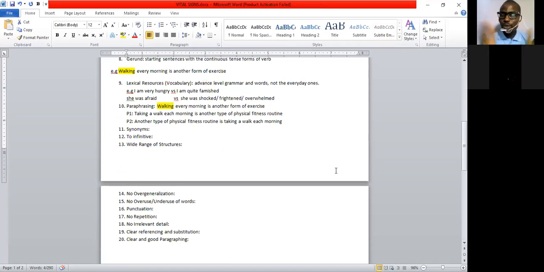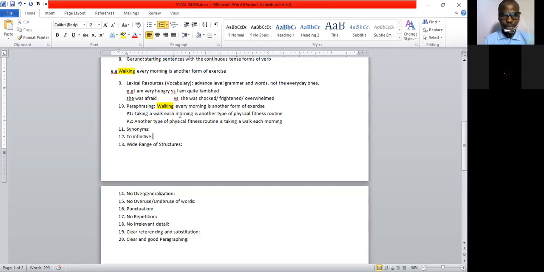Which brings us to the fact that vocabulary study is not a one-time thing. As a matter of fact, it is from time to time. Okay, synonyms, and you find out that we use a great deal of synonyms here. Walking every morning is another form of exercise. So we talked about taking a walk instead of saying walking. That is synonyms.